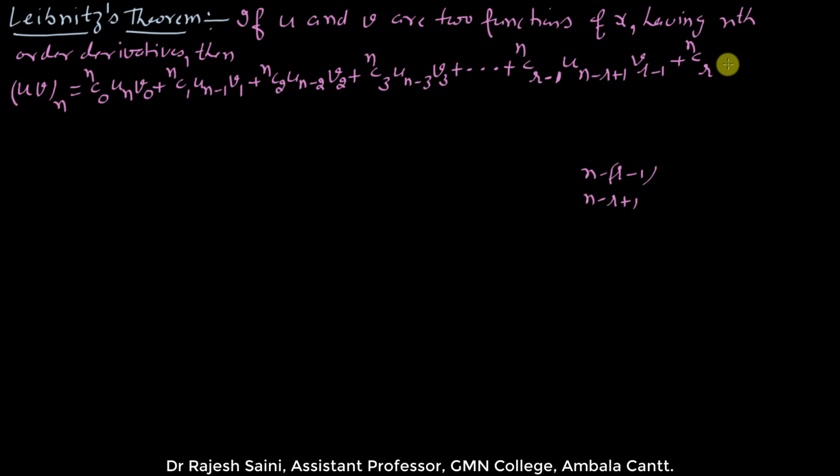ncr u_(n-r) v_r, and this will go on, and the second last term will be nc(n-1) u_1 v_(n-1), plus nc n u_0 v_n.